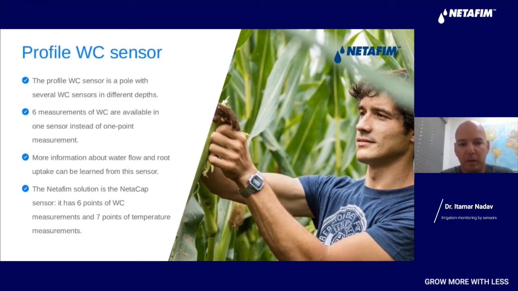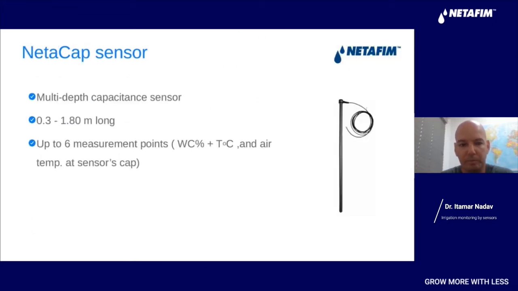And here at Netafim, we're using the NetaCap sensor, which has 6 points of measurement of water content and temperature, and another point of temperature measurement in the cap that actually measures the air temperature.